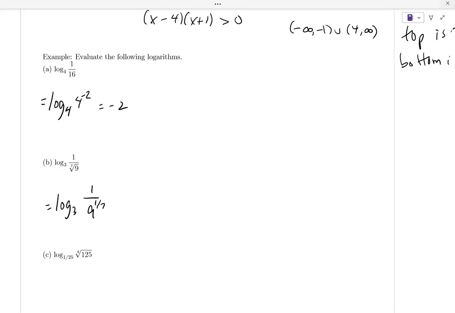Well, ignore the 1/7 for the time being. Can I rewrite 9 as a power of 3? What is it? 9 is 3 squared, right? So I just replaced the 9 with the 3 squared.